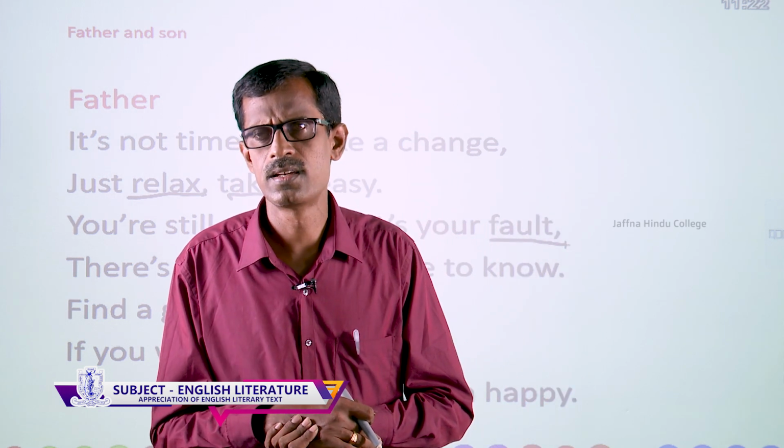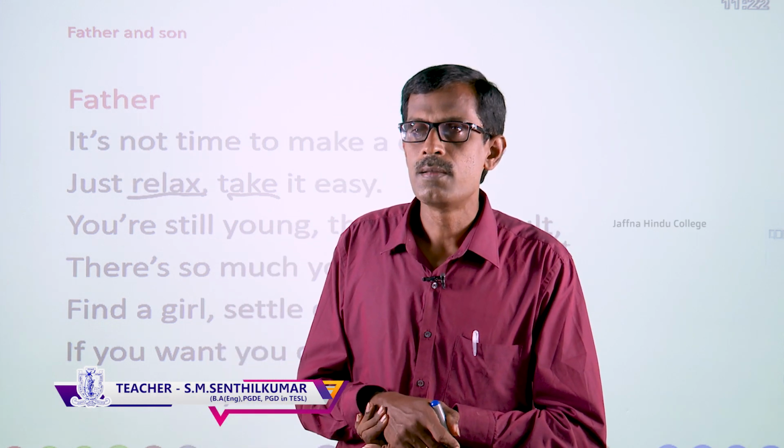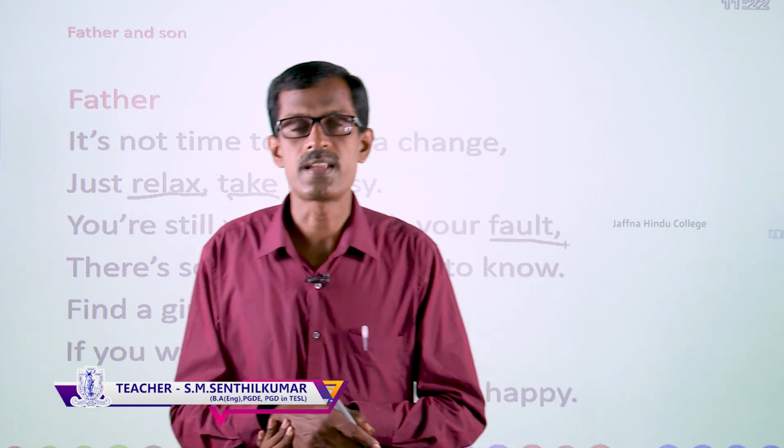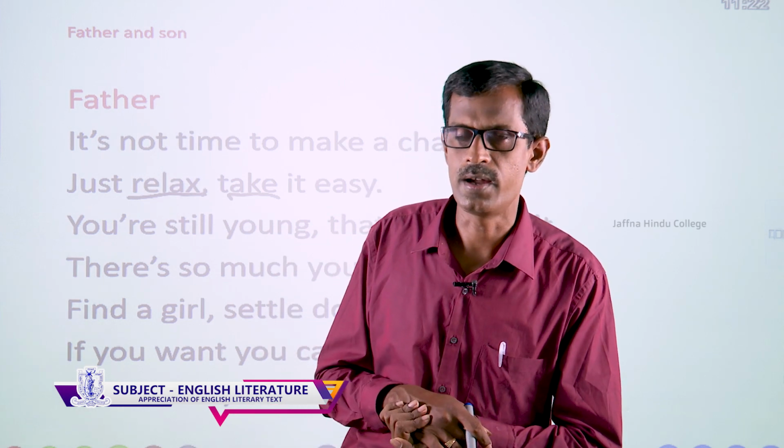Then only he wants to go out from the home and find a change. He wants to change the world. But the father makes him a burden, makes him shoulder responsibility. Is it okay? This is the first stanza of the father and son poem.